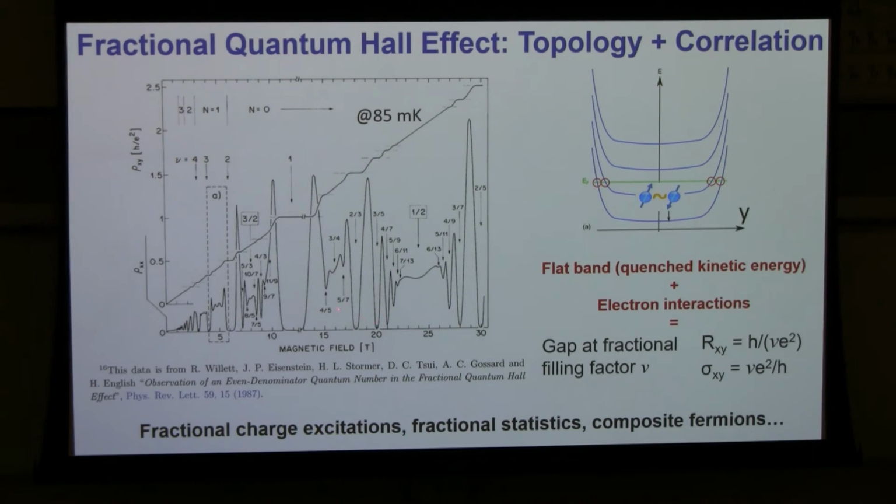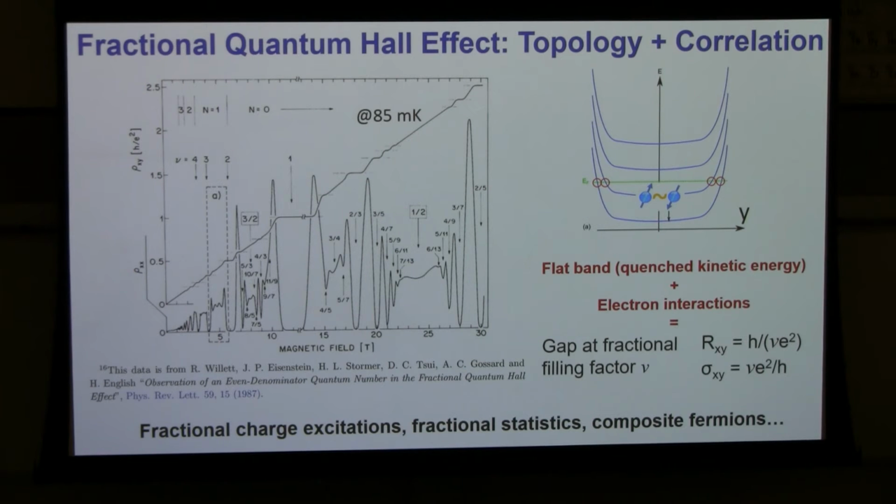But experimentally, it was observed in some very high quality two-dimensional electron gas system that magnetic field not only gives you the flat band and the integer quantum Hall effect, but it allows the interaction effect between electrons to dominate, and that can open up a gap at the fractional filling factors. You get plateaus of the Hall resistance, not only corresponding to the integer value, but fractional value, and you get dips in the longitudinal resistance correspondingly.